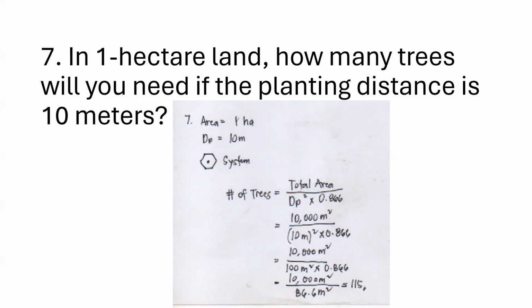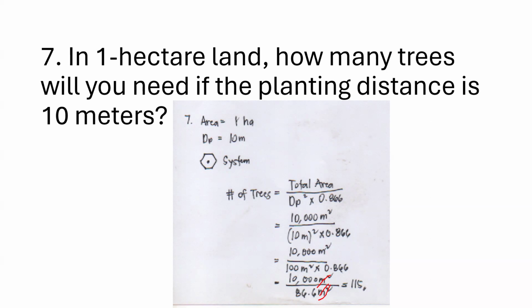Then divide. Cancel like terms, square meters, square meters. 10,000 divided by 86.6 equals 115.